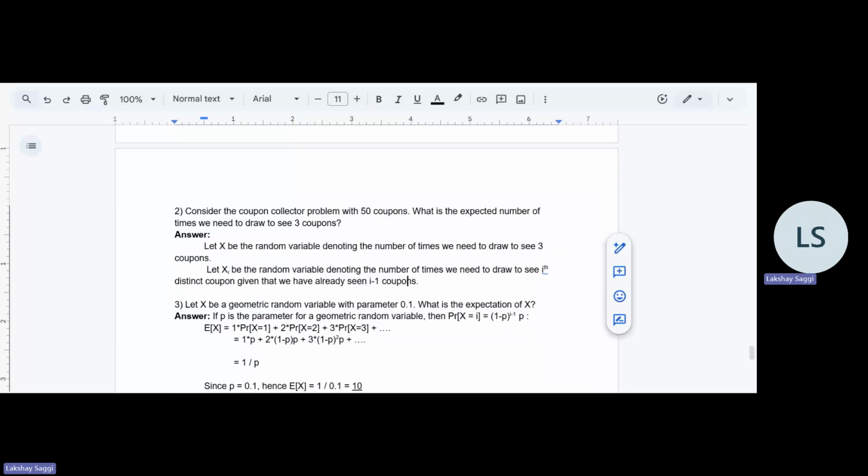So suppose we have already seen i minus 1 coupons, then xi is the random variable denoting the number of times we need to draw to see the ith distinct coupon.